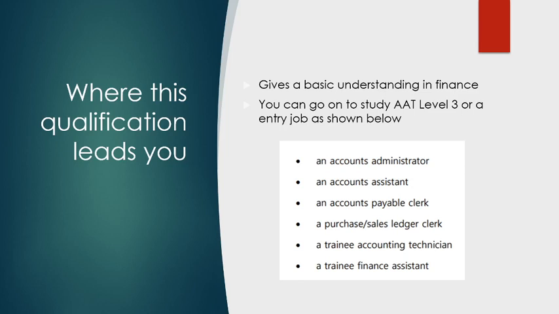Examples of these are accounts administrator, accounts assistant, accounts clerk, a trainee accounting technician, or trainee finance assistant. Now there are some companies which will allow you to go straight into trainee accountant, but it's hard to get when you just have AAT level 2, and in my opinion you should definitely go on to study AAT level 3. Whether you do that with or without a job, it's a good qualification.